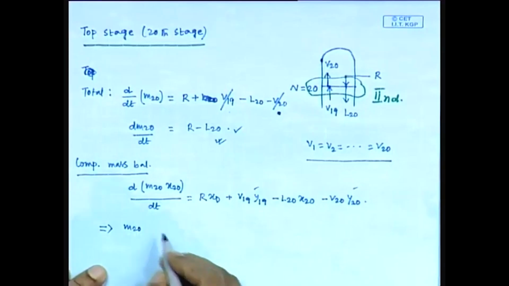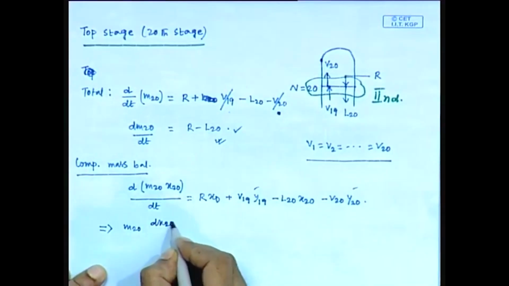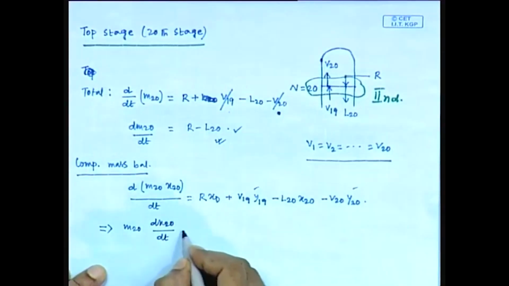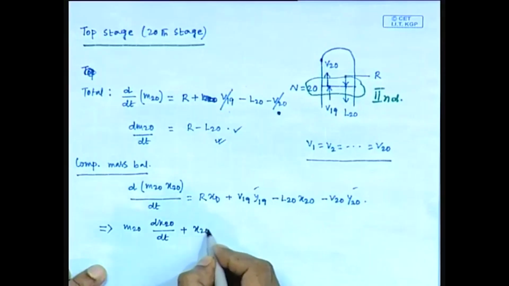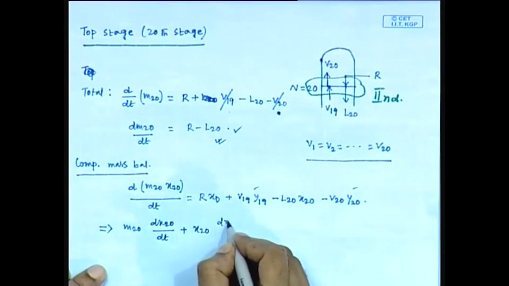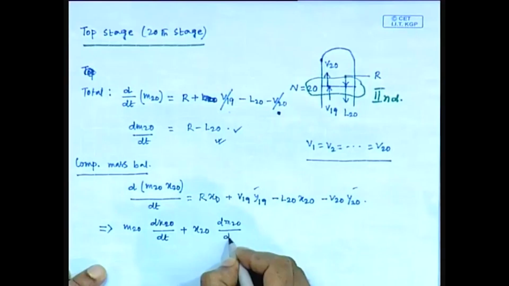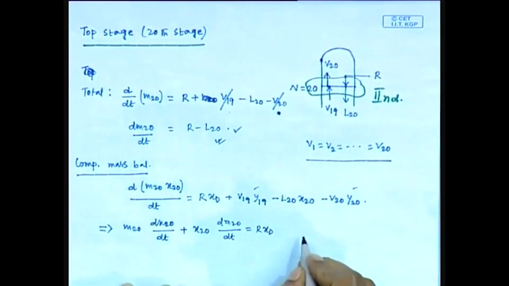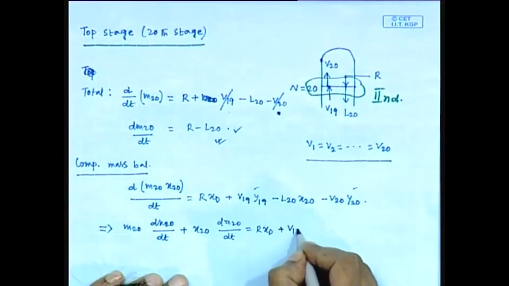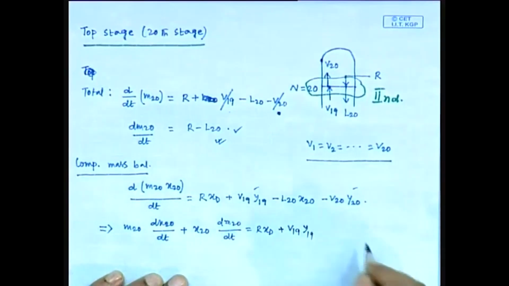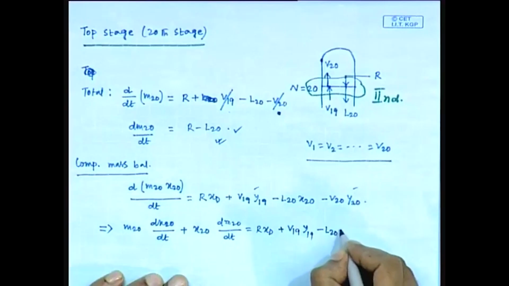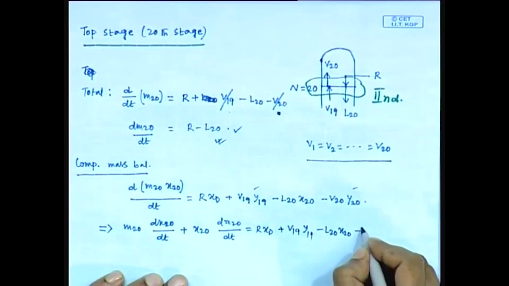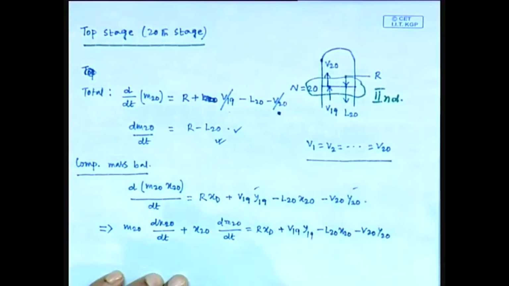So, M20 dx20/dt plus x20 dM20/dt equals R xD plus V19 Y19 minus L20 X20 minus V20 Y20.